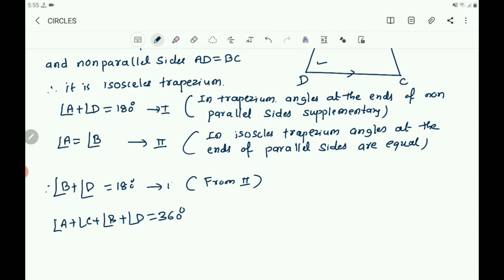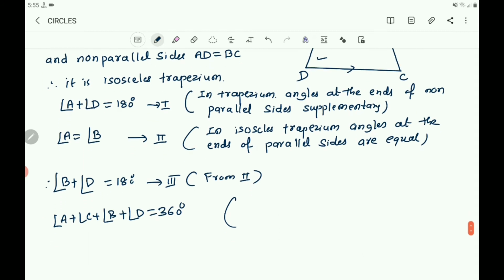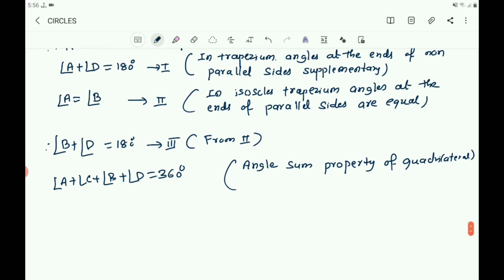So you write this is third, 360 degree, because of the angle sum property of the quadrilateral, that is the sum of four angles of a quadrilateral is 360 degree.